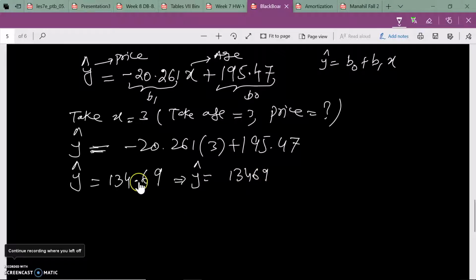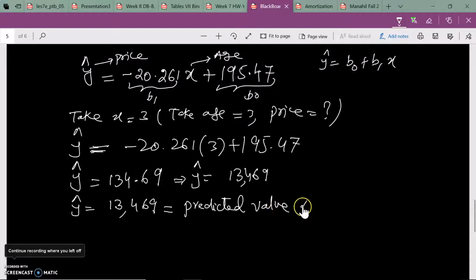When I multiply by 100, the decimal moves 2 places to the right, and y hat comes out to be $13,469. This is the predicted value of y, the predicted value of the price.